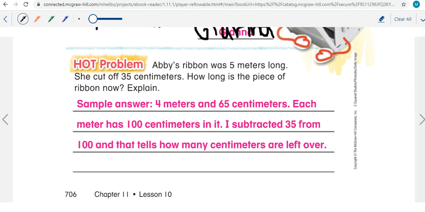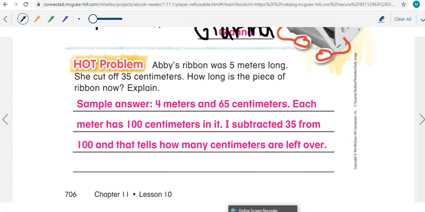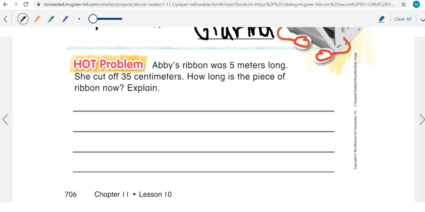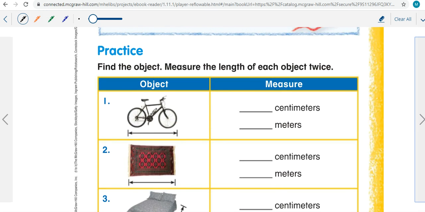So here's the answer for hot problem. Okay, so copy the answer. Next page. We're going to do this together.